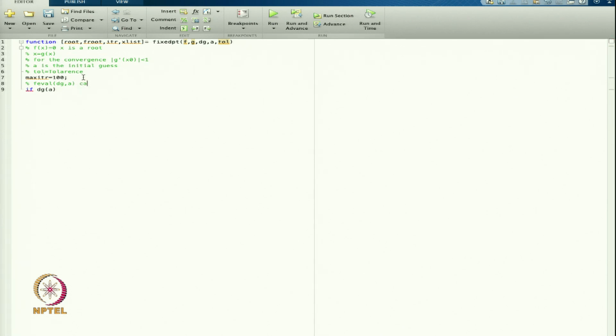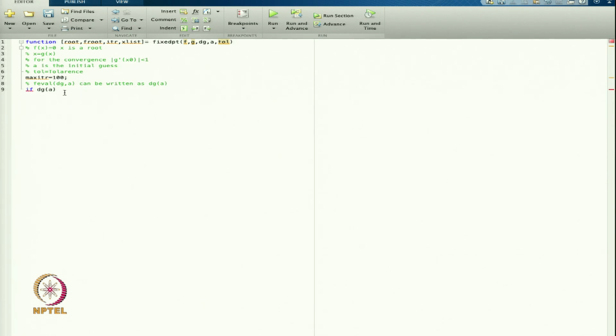Since dg is the function we are passing, I can write dg of a only, and that way it will also work.